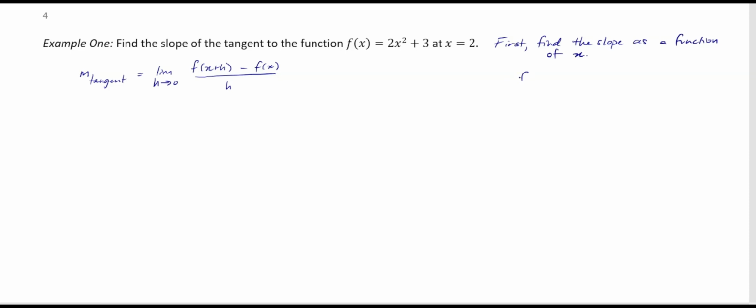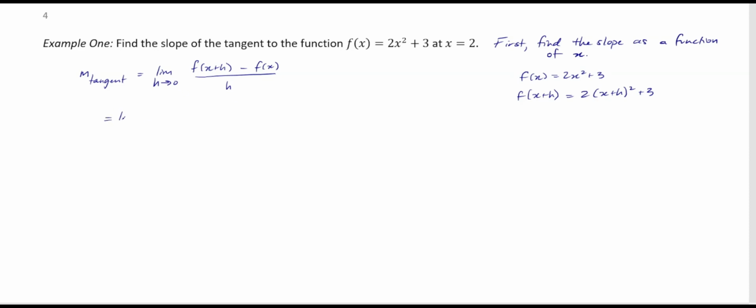Well, if f at x is equal to 2x squared plus 3, if now my argument is f at x plus h, well, I'll plug in x plus h where x is. Okay, so there we go. This is my f at x plus h, and that's my f at x, and my h I just keep the same.